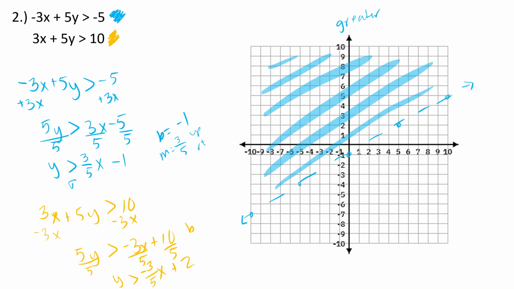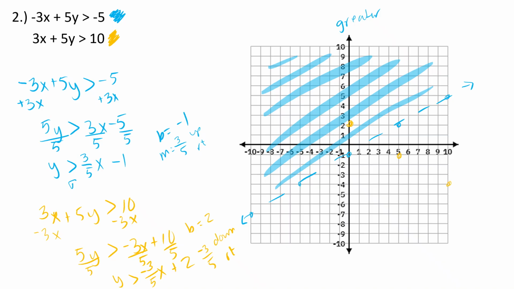So my y-intercept in this one is 2. So I'm going to put my dot at the 2. And this time I'm going to be going down 3, right 5. So down 1, 2, 3, right 1, 2, 3, 4, 5. Down 1, 2, 3, right 1, 2, 3, 4, 5.